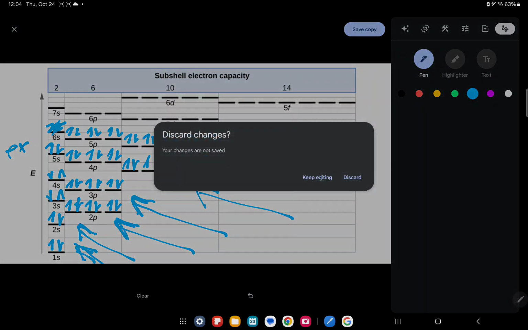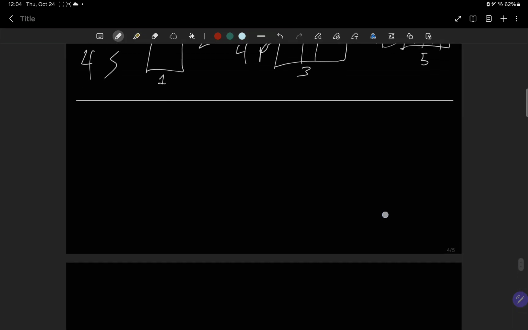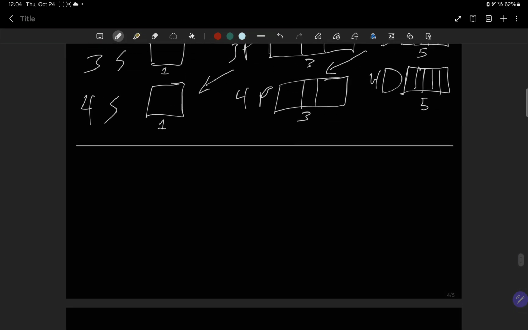Going back to this, so that's your basic electron shell concept.